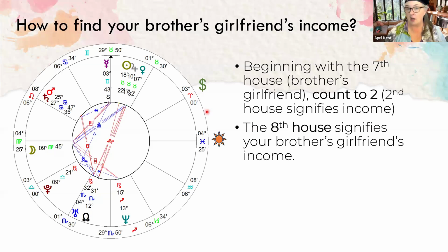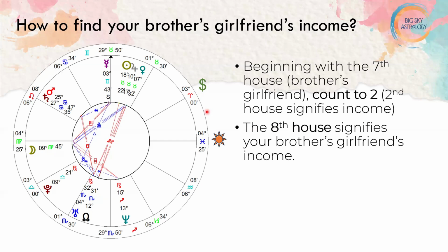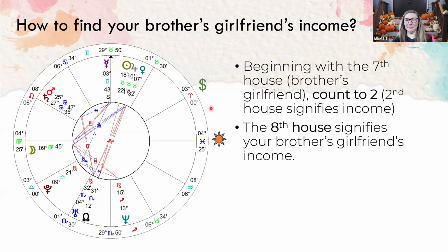What would Aries be like when it comes to money? Any thought? Impulsive. A little impulsive, maybe. Yeah, they really go after what they want and they get it. What is the planet that rules Aries? Mars. Okay, maybe so she collects race cars.